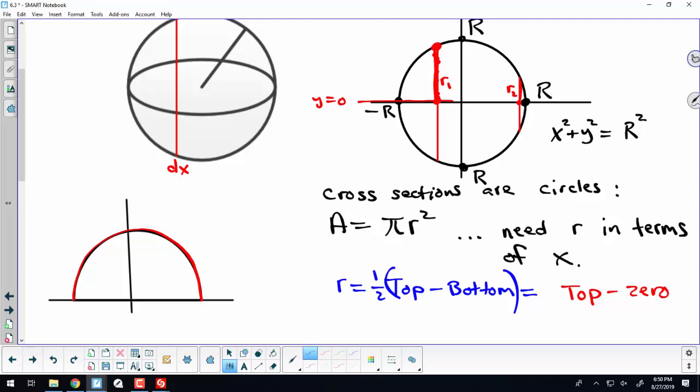So since we want that in terms of x, we have to solve it for y. We only want to see x's involved in that function. Okay, so the top half of the circle, if we're using that to determine the top minus 0, which is the radius, the top half of the circle is the positive root, where y is positive, and of course the bottom half of that circle would be the negative root.